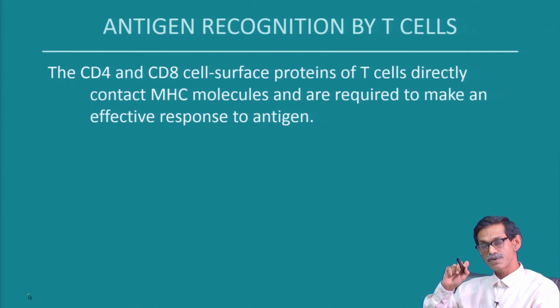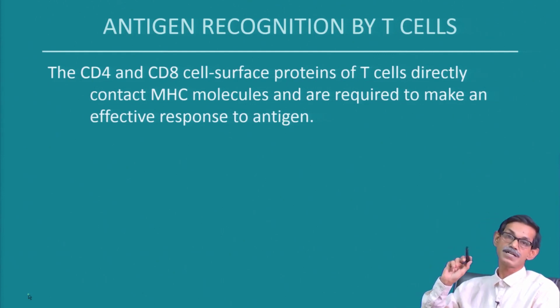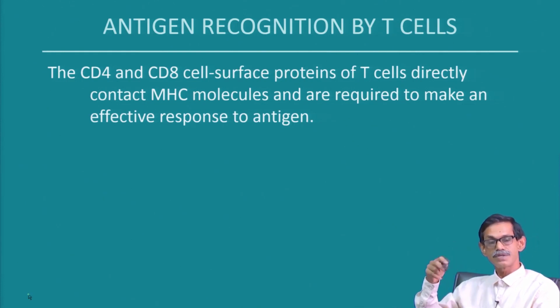If I ask you which kind of antigen is presented by MHC 1? MHC 1 is presenting the intracellular antigen, that means the protein synthesized inside the cell is presented by MHC 1, and that is recognized by the cytotoxic T cell. What is the cytotoxic T cell going to do?